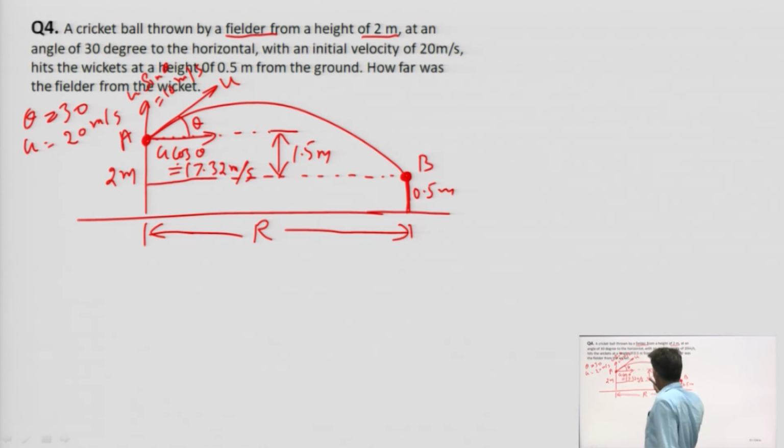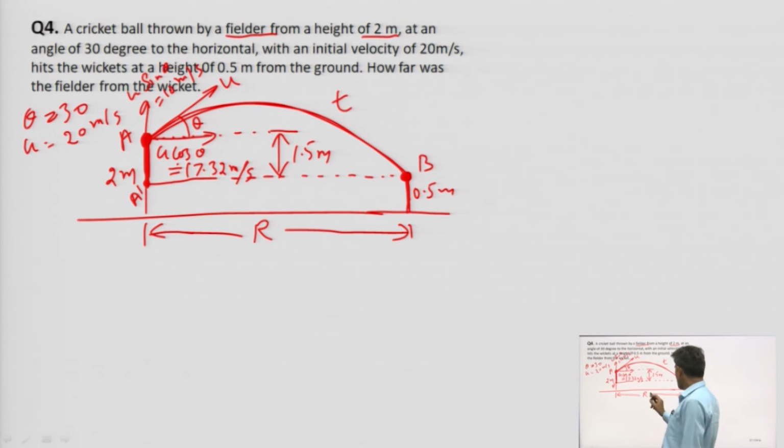The time taken for the ball to reach from A to B, if it is t, then the time taken to reach from A to this one, say this is A dash, will be the same, considering that component of the velocity.